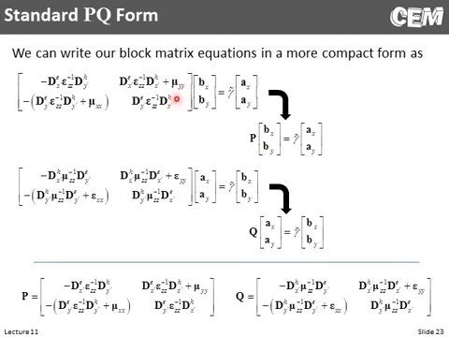We have the two block matrix equations we had on the last slide. We're going to take this first big ugly square matrix and call it P. We're going to take the second big ugly square matrix and call it Q. So we are recasting now our two block matrix equations this way. And so here's a reminder of what P and Q are. But now we've reduced our matrix equations to this. A lot simpler to write and to manipulate.